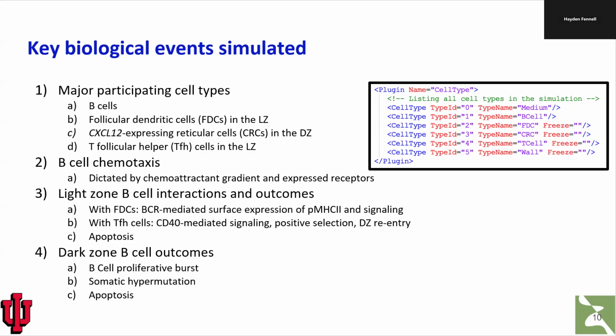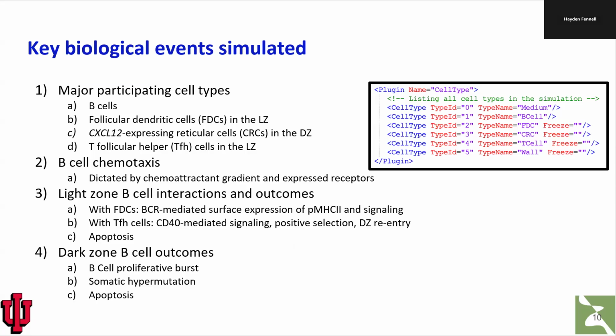So in the model, we're including these major participating cell types: the B cells, follicular dendritic cells in the light zone, and the CXCL12 expressing reticular cells or CRC cells in the dark zone, and the T helper cells in the light zone. And then for the B cell chemotaxis, we're using the chemoattractant gradient you see earlier to drive the migration.